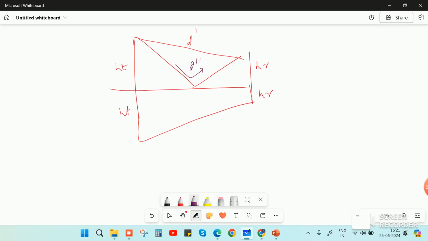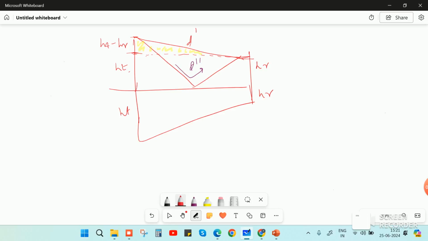For finding d dash, I will use this triangle. This height is hr, from this to this height is hr. And the total height is ht. So this becomes ht minus hr.